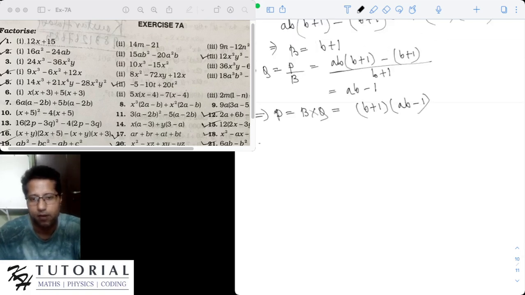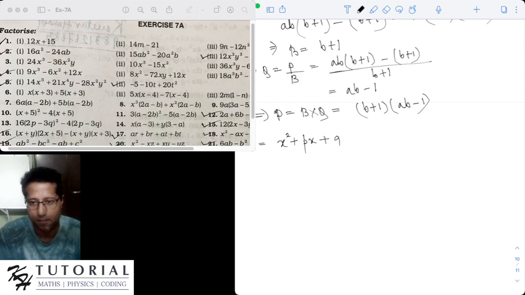So if we have polynomials like, let's say, how do we factorize a polynomial of a single variable, let's say x square plus px plus q.